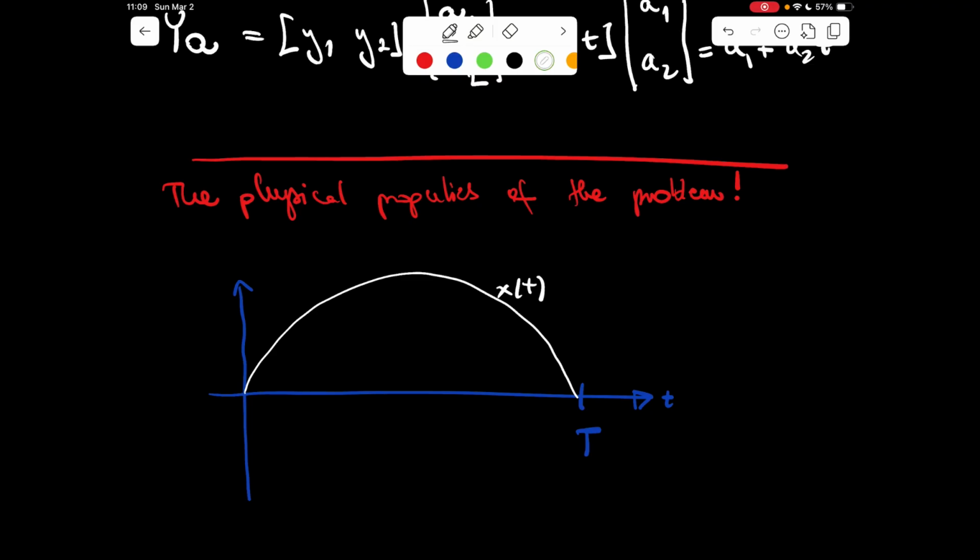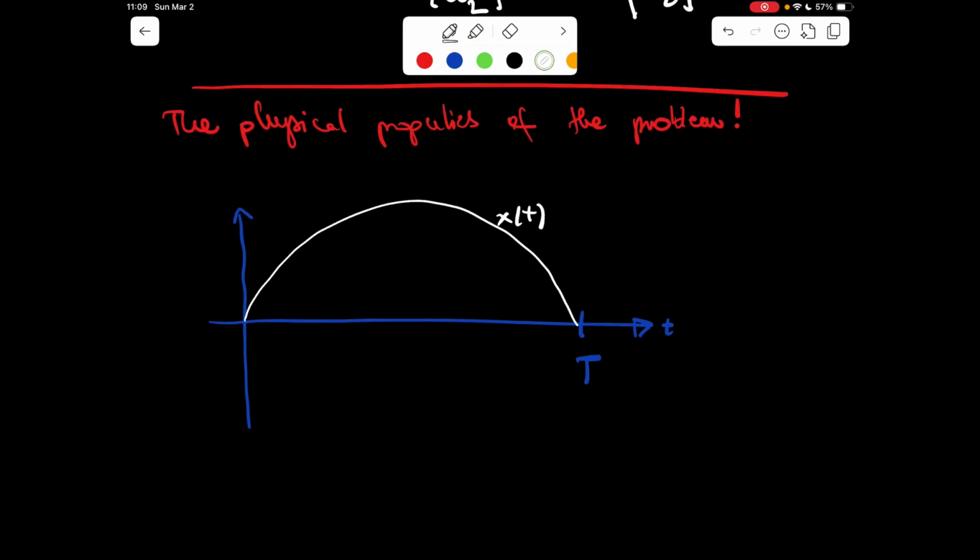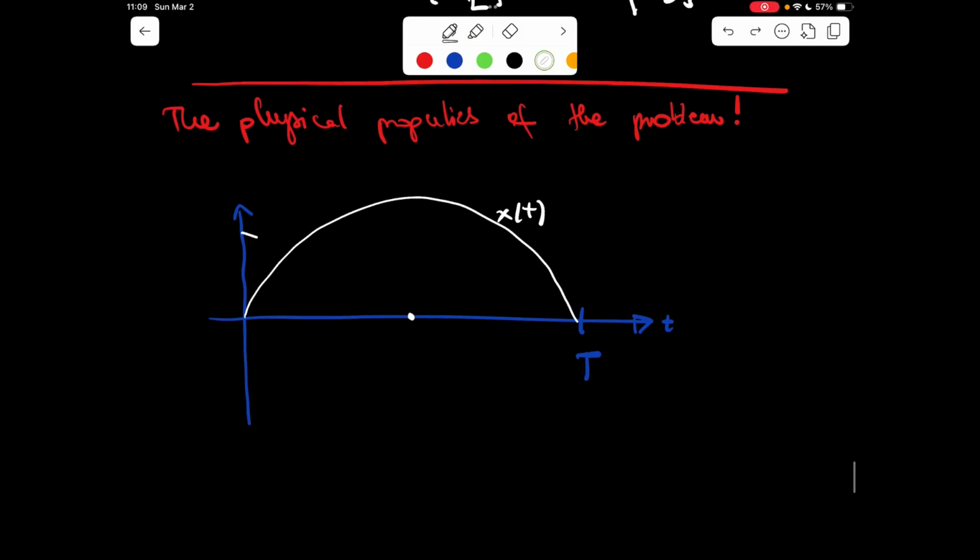We know that its time differential, in this case, this is the maximum of the speed, where its differential is 0. So we would have something like this.